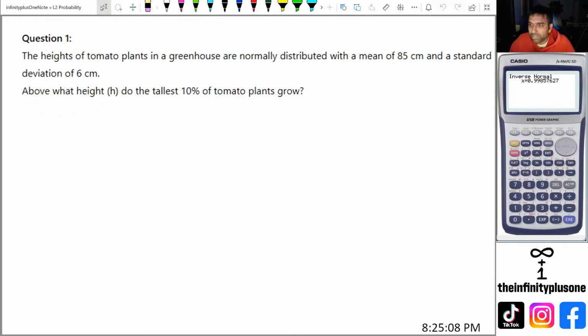So let's try those questions there. Just try it out. See what you get. Pretty much the same idea, guys. You just got to find the z value and work backwards in this. But I think your calculator will actually do it for you.